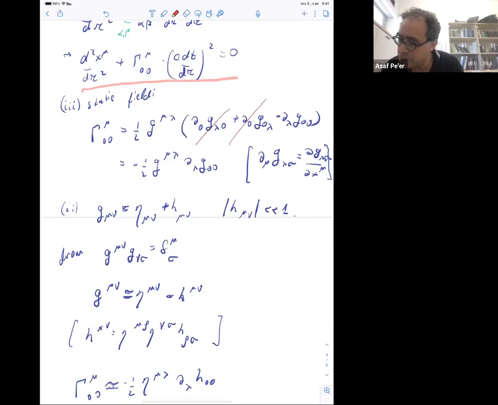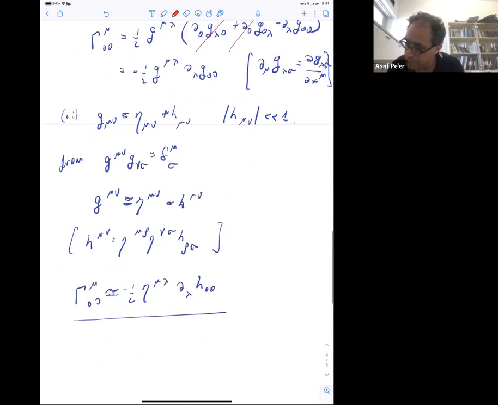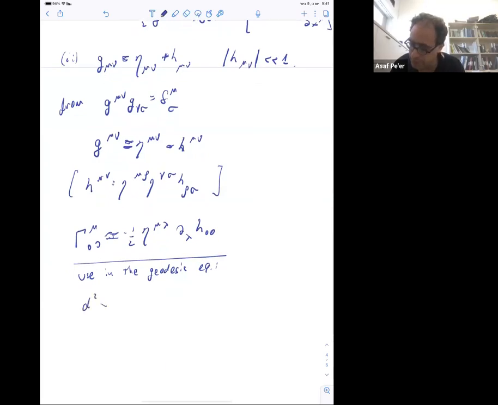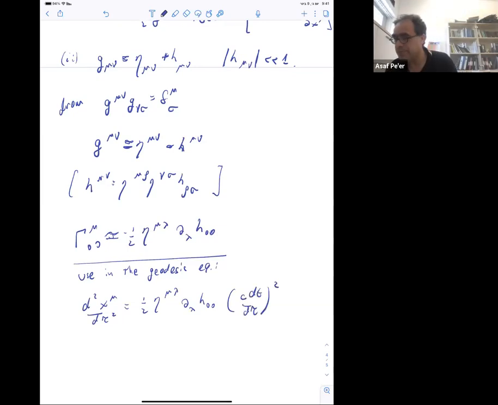So using the geodesic equation, we end up with d squared x mu over d tau squared is 1/2 eta mu lambda d lambda h 0 0 times c dt over d tau squared.